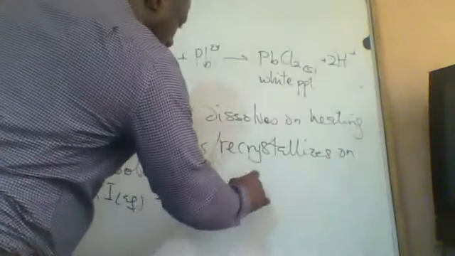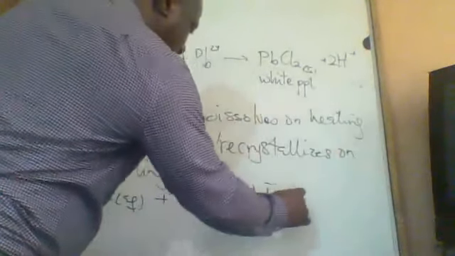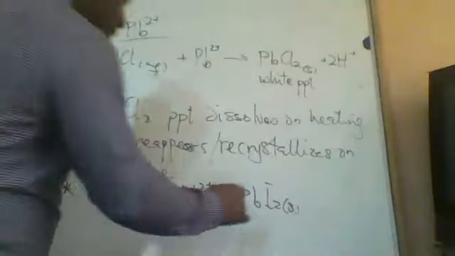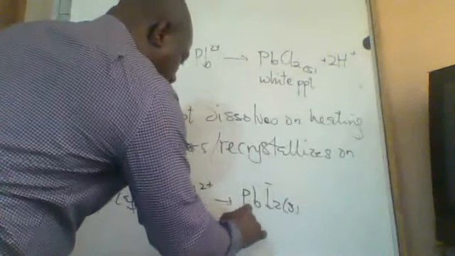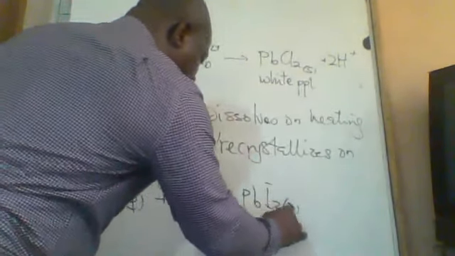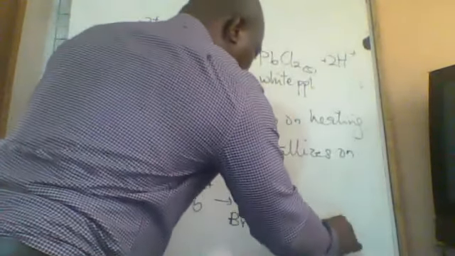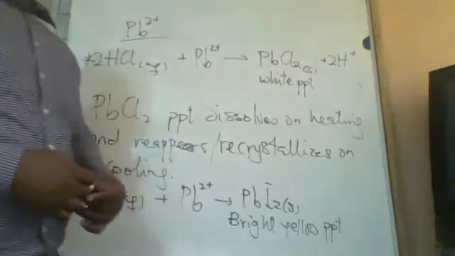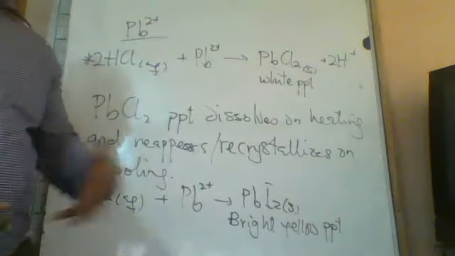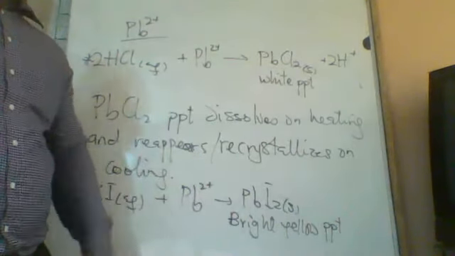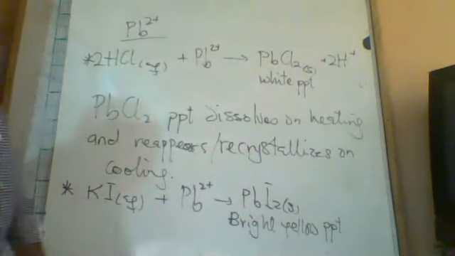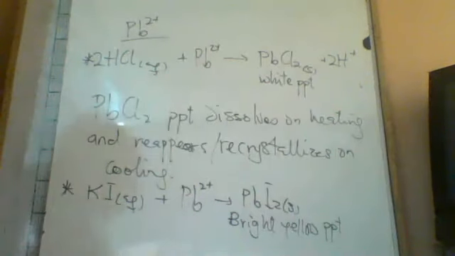This is going to give you lead iodide PPT. This one is a bright yellow PPT. In fact, a nice color, bright yellow PPT formed, which also dissolves on heating and reappears on cooling when you use potassium iodide solution.